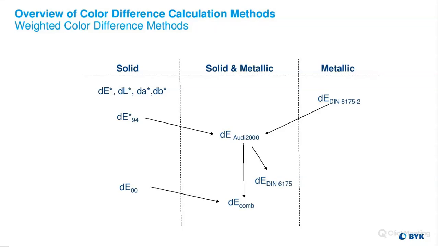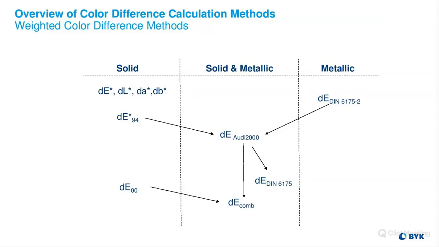So you could do 0 to +1 for your A value, or you can make it so it can only be green, so from 0 to -1 for your A value, or the same thing for your L value or your B value. So these are asymmetric tolerancing that you can set up for CIELAB. Delta E94 and Delta E2000, both of these two need to be set up symmetrically. You cannot do asymmetrical tolerancing with those two equations.